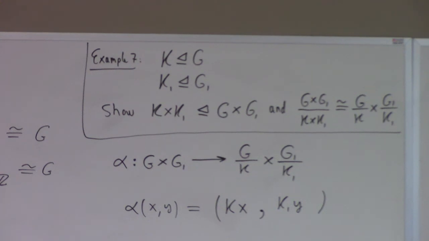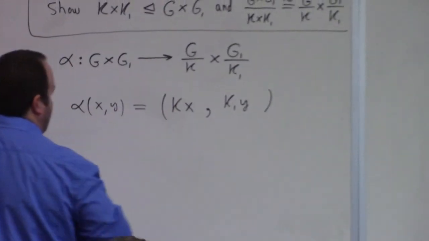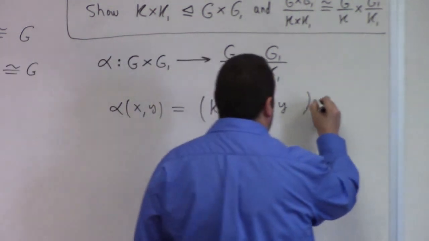So that map is well defined. We're not defining the cosets in the domain, they are in the range, so well defined is okay. It's definitely into. This is clearly an element of this, right?